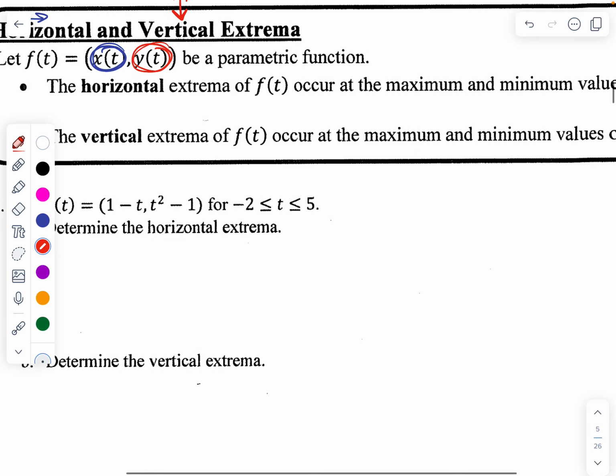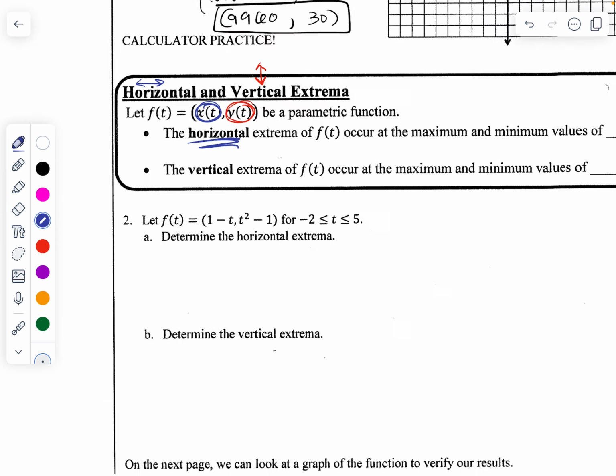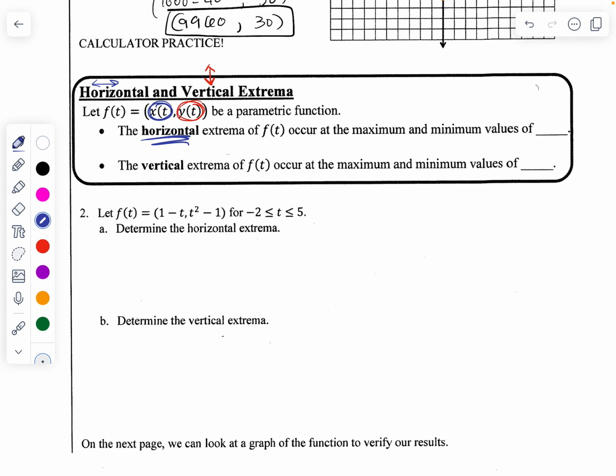The horizontal extrema of f of t occur at the maximum and minimum values of specifically x of t, which makes sense because we're looking at the horizontal movement. And the vertical extrema of f of t occur at the maximum and minimum values of y of t. Again, this also makes sense because we're looking at the vertical.